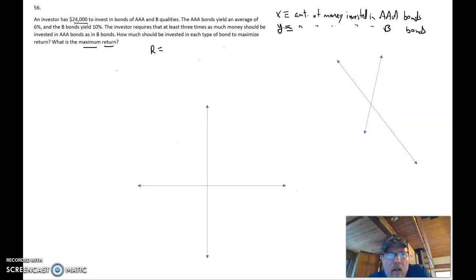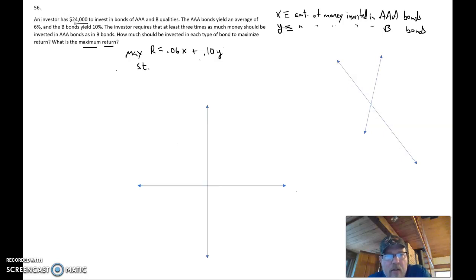All right, so R is 0.06x plus 10% is 0.10y. We're trying to maximize that return, subject to some constraints.